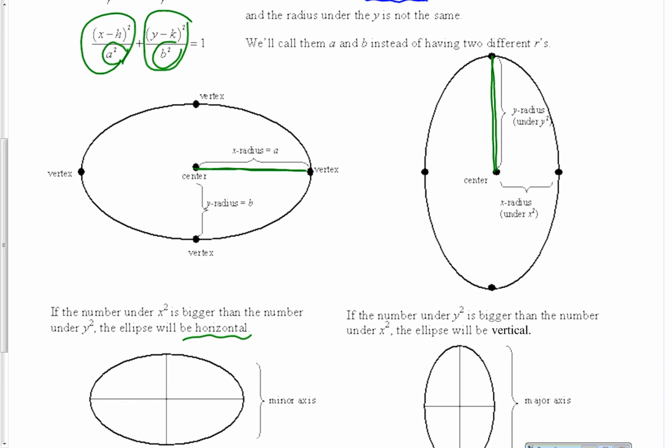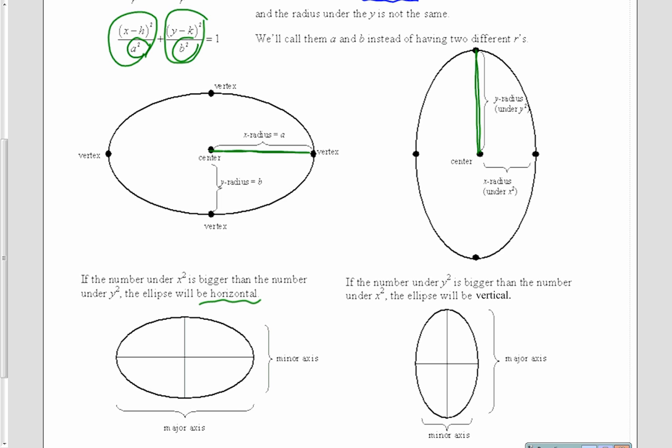We talk about these like a radius, but they're not really a radius. What we usually label are called the major and the minor axes. The big direction, if we think of it like a diameter, is what we call the major axis.